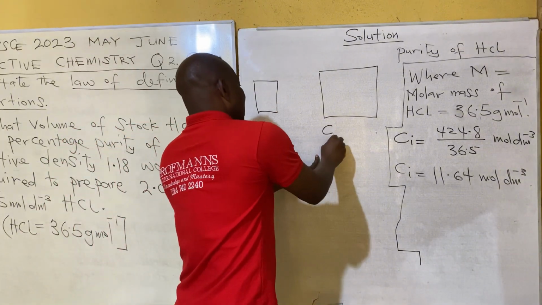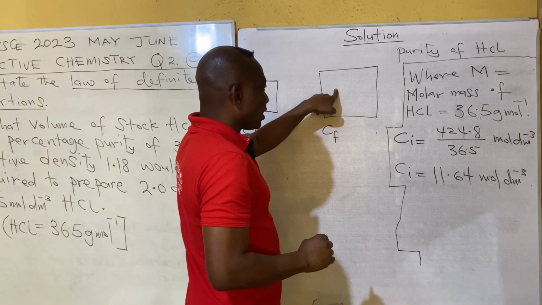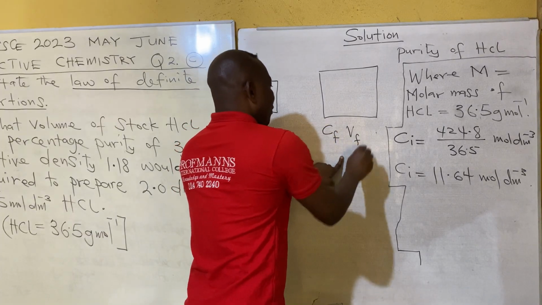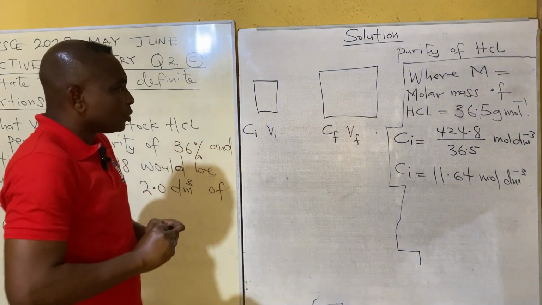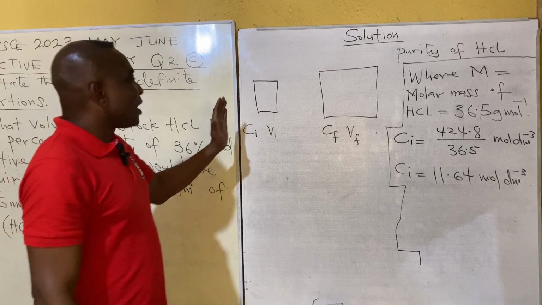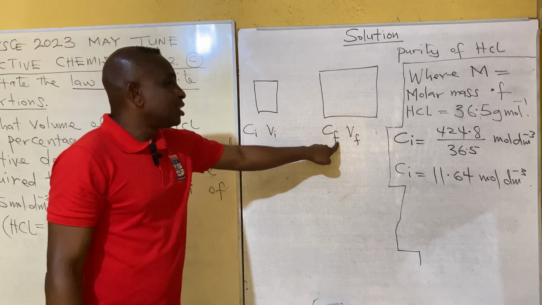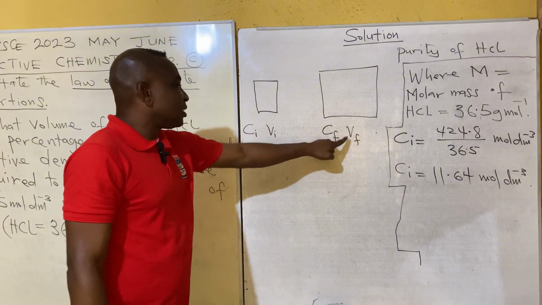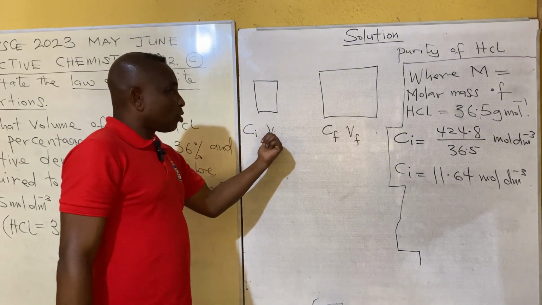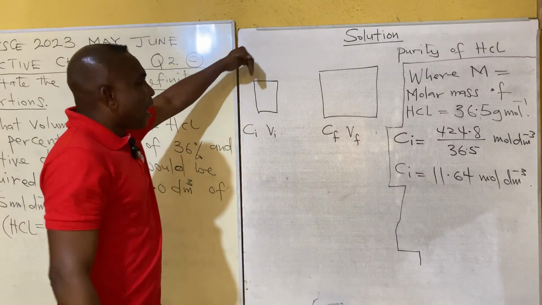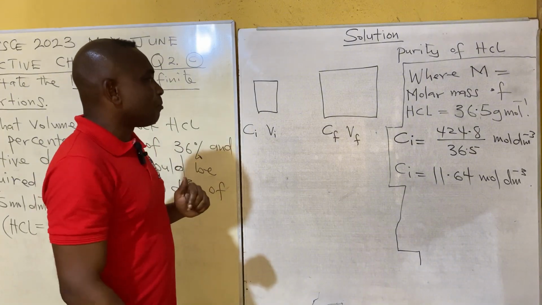And then Cf, concentration of the diluted solution. And then Vf, volume of the diluted solution. Now here, I want you to take note of this. When you dilute the stock solution, the concentration changes. The volume changes. So here you can see that the volume will be more than the stock solution. But the amount of substance, which is the mole in the two solutions, remains the same.